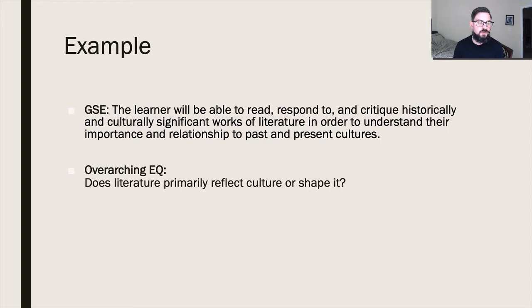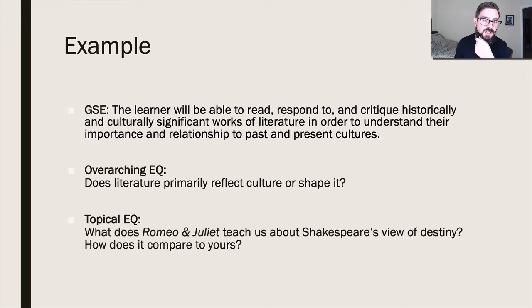Your overarching question, maybe a unit or even year-long question that you might be trying to answer with every text that you read, is: does literature primarily reflect culture or does it shape it? And so you can see how that's a general question, and you can read one text and the answer might be it reflects culture, and then you might read another one and situate it historically and say that it shapes it. And so there, you don't need to have one simple answer for all of your questions, obviously.